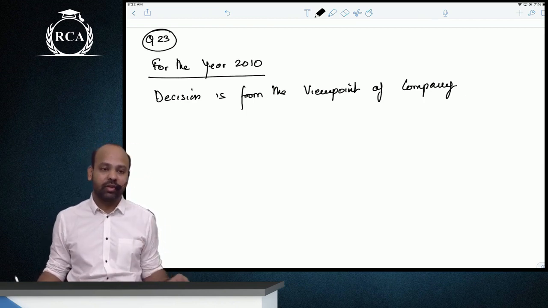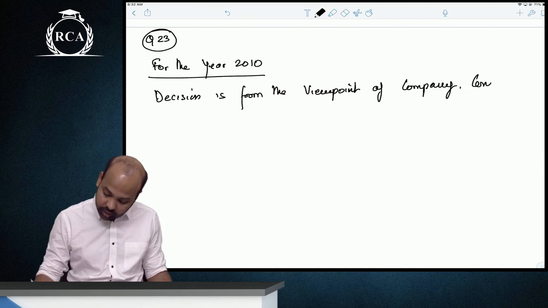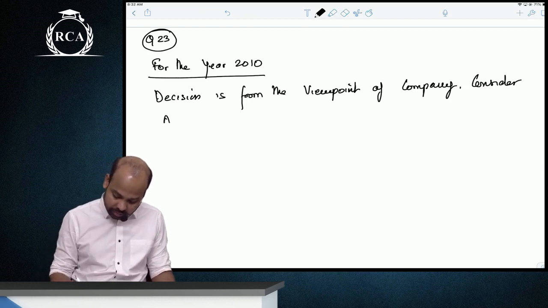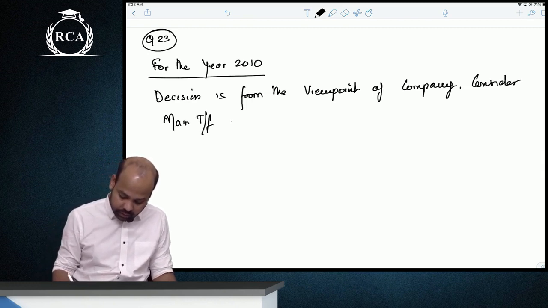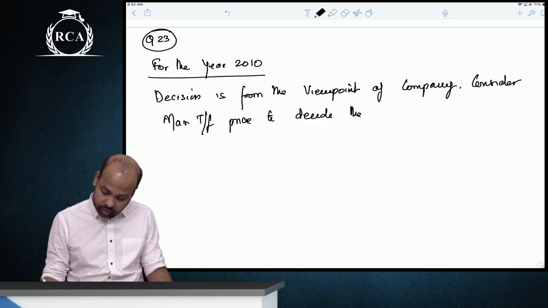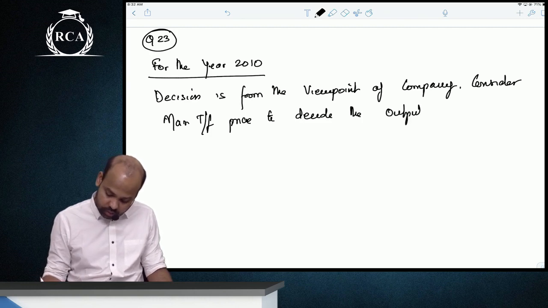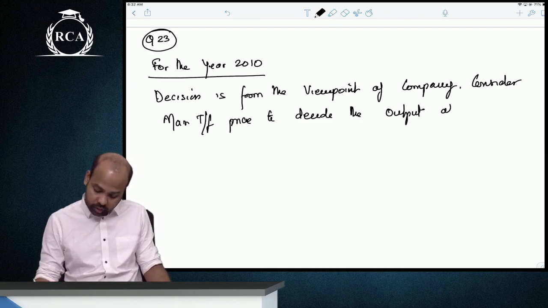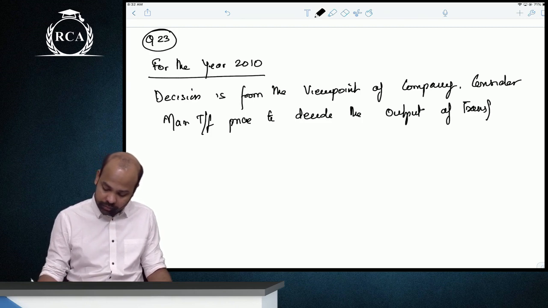If the decision is from the viewpoint of the company as such, consider the maximum transfer price to decide the output of the transferring division.